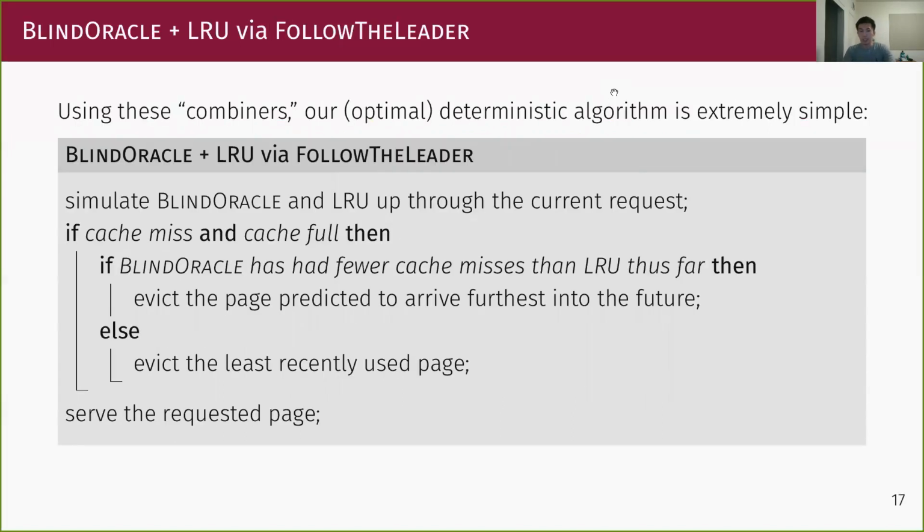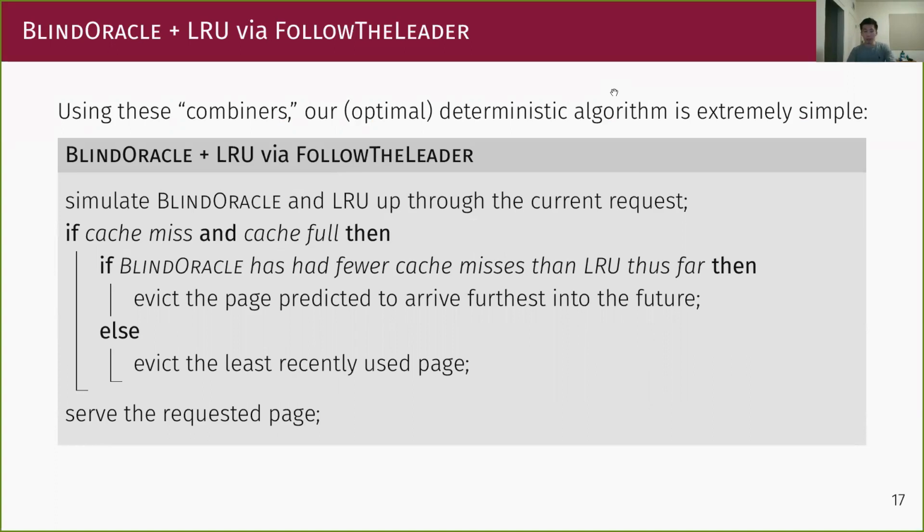An explicit example of this is combining blind oracle with LRU using follow the leader. And so this algorithm actually turns out to be remarkably simple to describe. If we have a cache miss and the cache is full, we look at which of blind oracle and LRU has had fewer evictions so far on the request sequence.